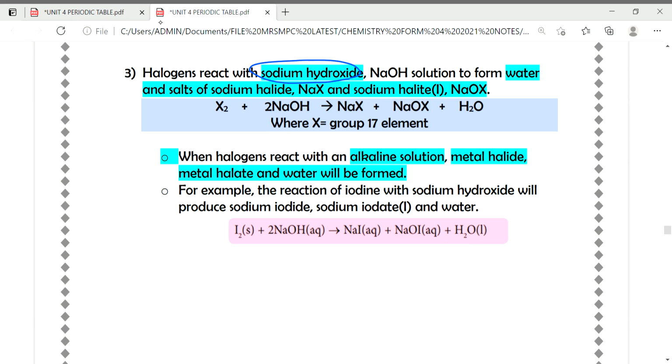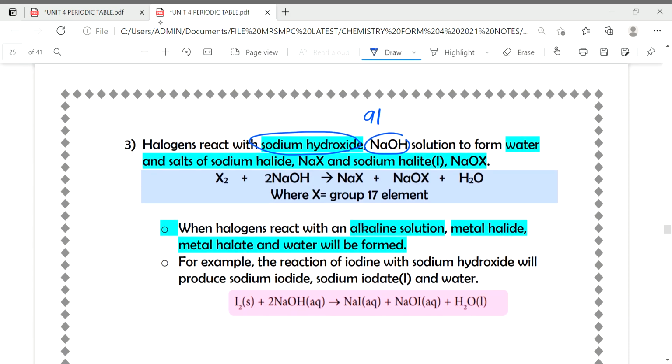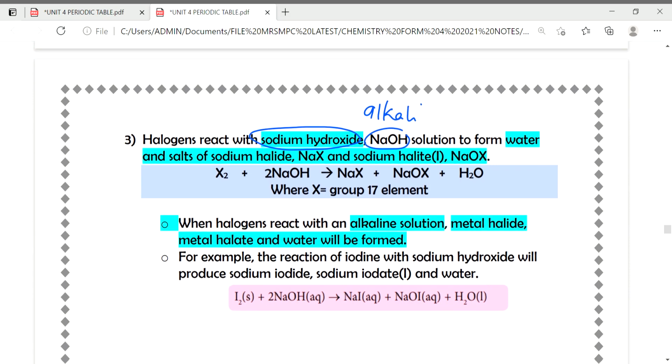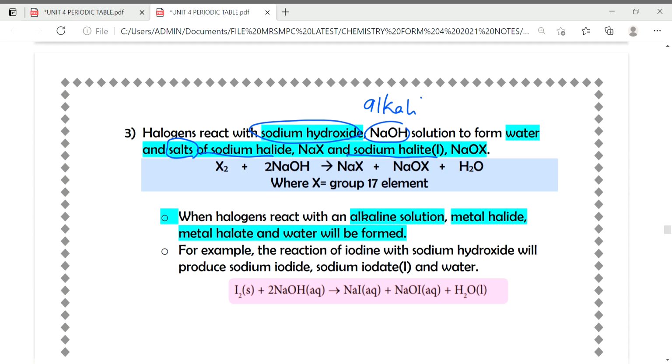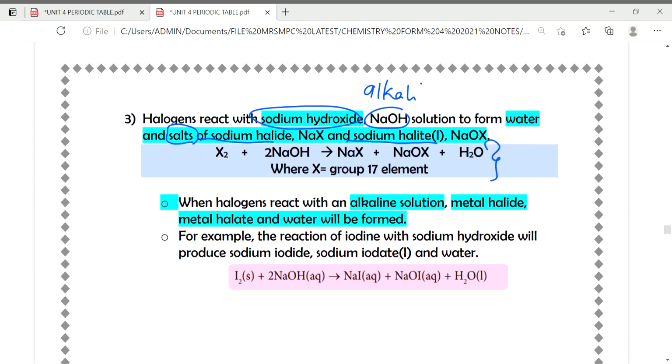Sodium hydroxide is an alkaline, ataupun base kita panggil. So kalau halogen react with sodium hydroxide solution, it will form water, sodium halide and sodium halate. So ini dia reaction tu lah.